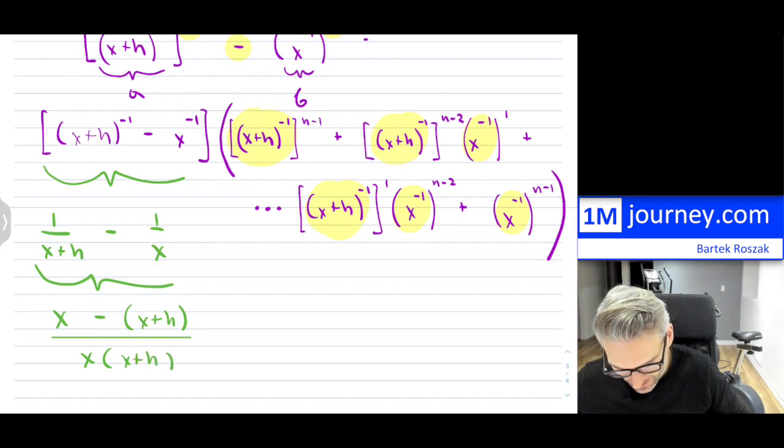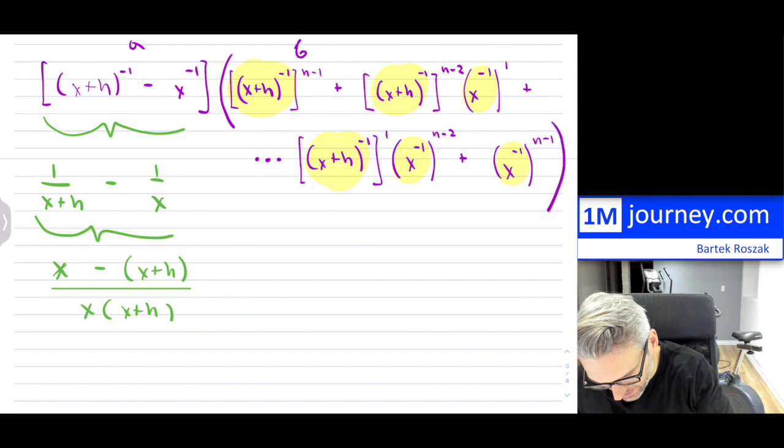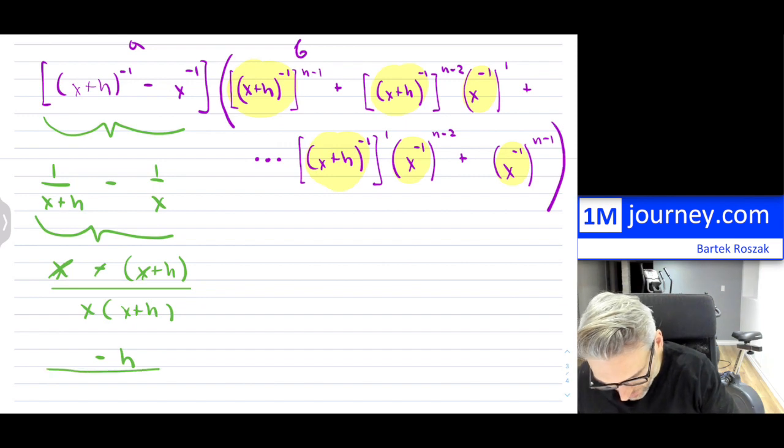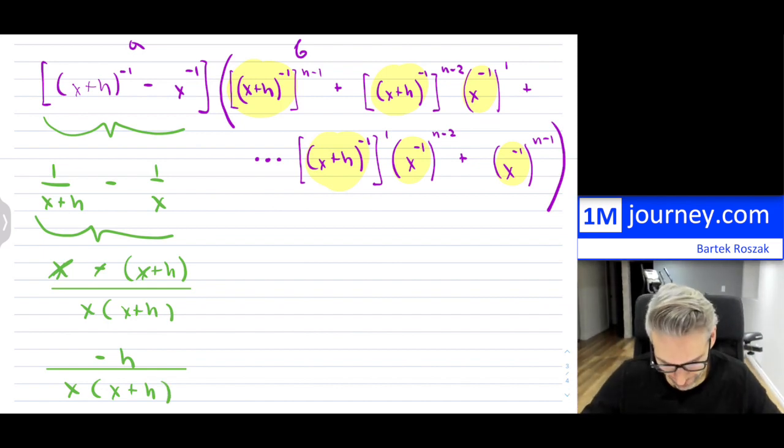I'm not going to worry about all of this junk on the right-hand side for the moment. Within here, this is x minus the x plus h, so it's going to be negative h, all over x plus h. So that's what I have right there.